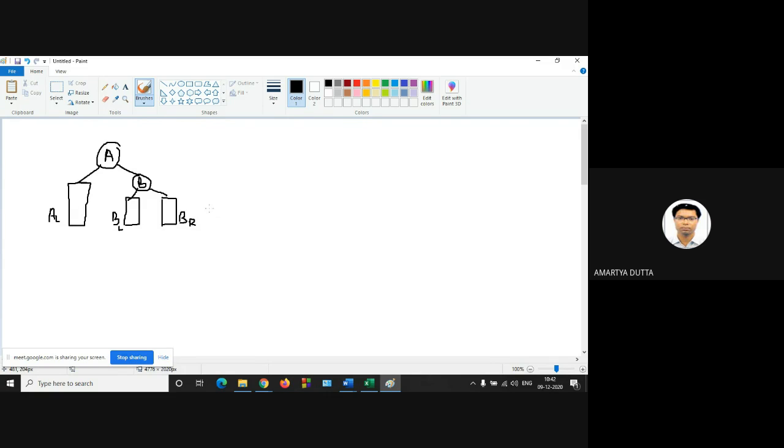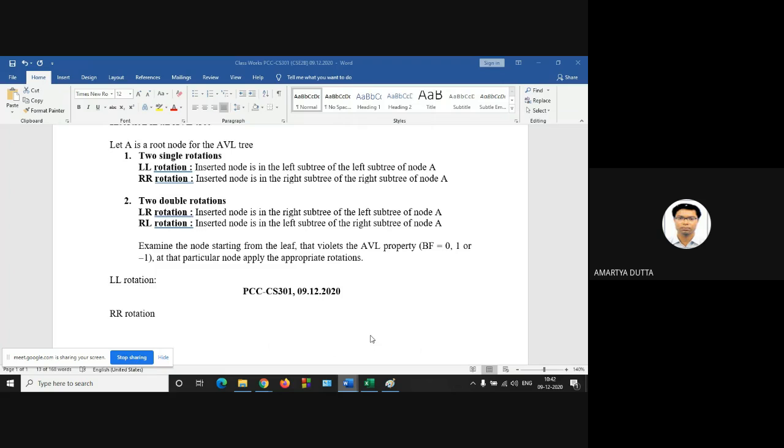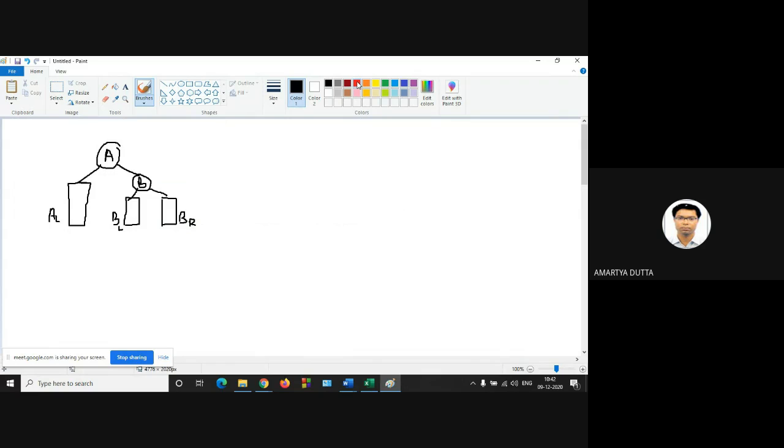Now the inserted node is in the right subtree of the right subtree. It is RR. So insert X here.